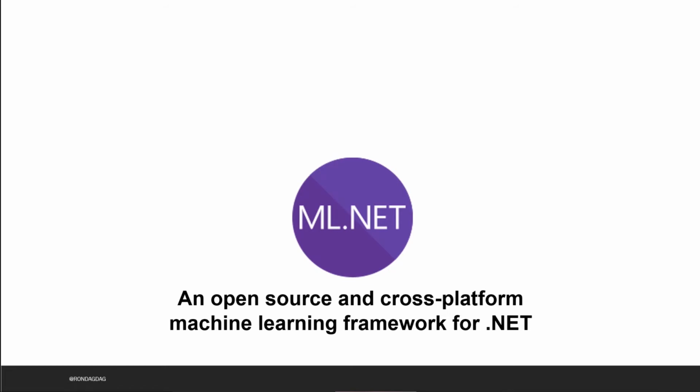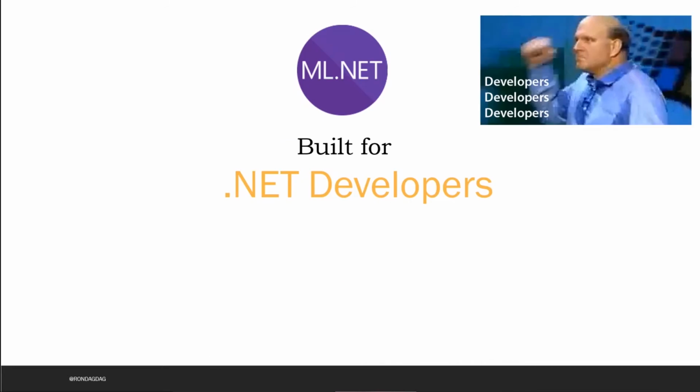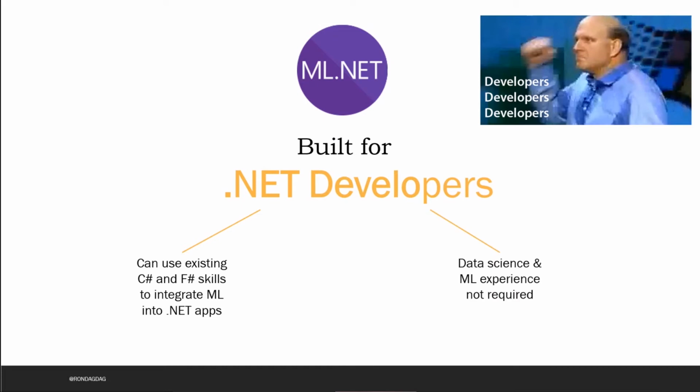ML.NET, if you're not familiar with ML.NET, it's an open source, cross-platform ML framework, so that you can deploy in the cloud, in Azure, or on premises. It's built for developers that have C# skills, F# skills, that want to integrate machine learning into their .NET application and do not have data science or any machine learning experience.